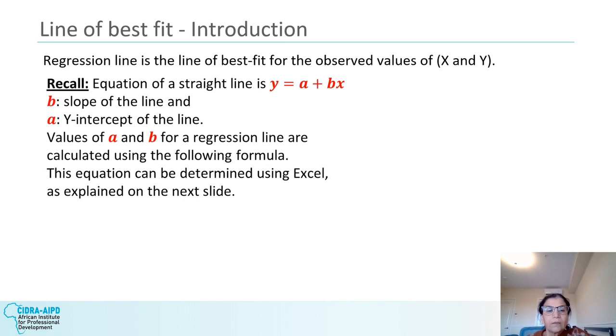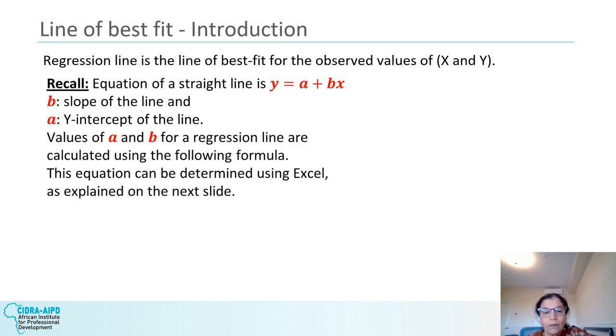Equation of a straight line is y equals a plus bx. So the number with x is the slope or gradient of the line. And the number a alone is the y-intercept of the line. So when we do regression analysis, our aim is to determine values of a and b.